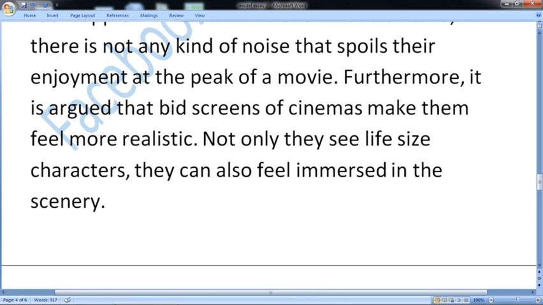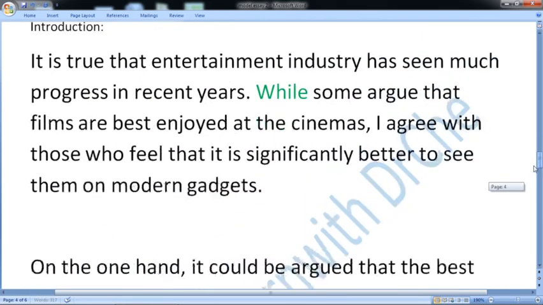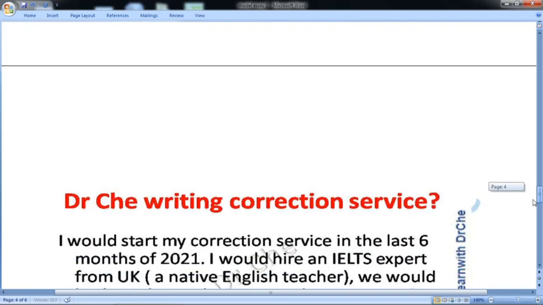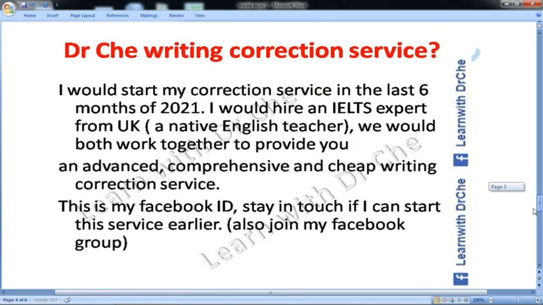They can see life-sized characters, and they feel themselves immersed in the scenery. So I have given the point, I have explained. So my first body paragraph is complete. I have written the introduction and my first body paragraph, and next I will write in my next video.